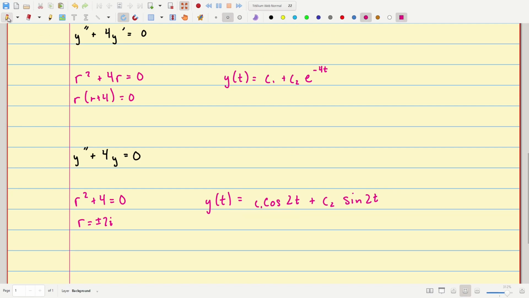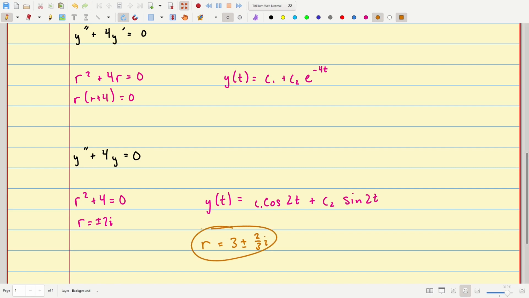Now, I don't have an example picked out right now for general solutions, but if we had r look something like this, we'll say 2/3 or something, I don't know.